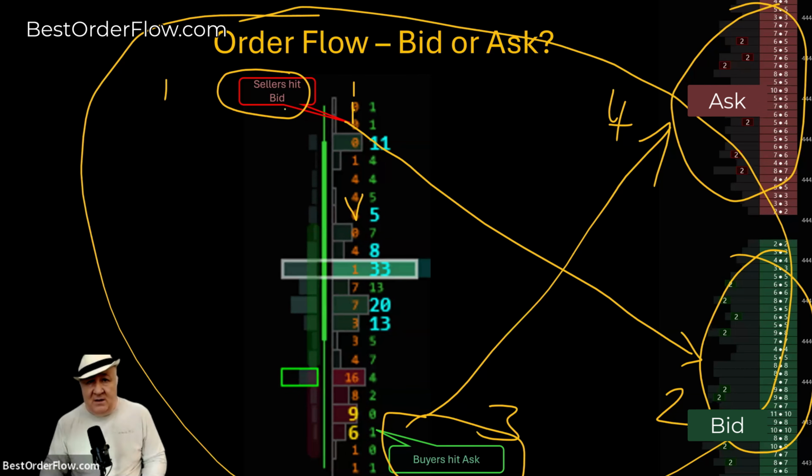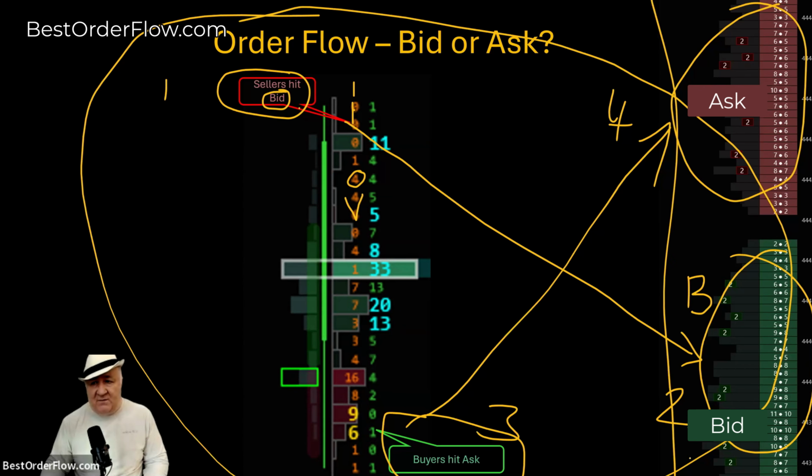But we call this bid in red, or in this case orange, not just because it is the bid, but because they are actually matching with this bid. These are the buyers. This is the bid sitting on the passive side of order flow, right?